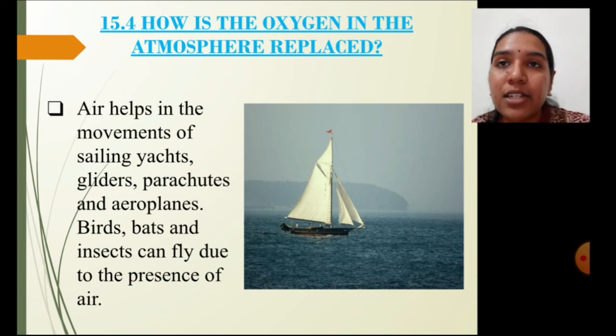Even gliders, parachutes and aeroplanes also work or move with the movement of air. The terrestrial animals like birds, bats, insects, all these can only fly due to the presence of air.